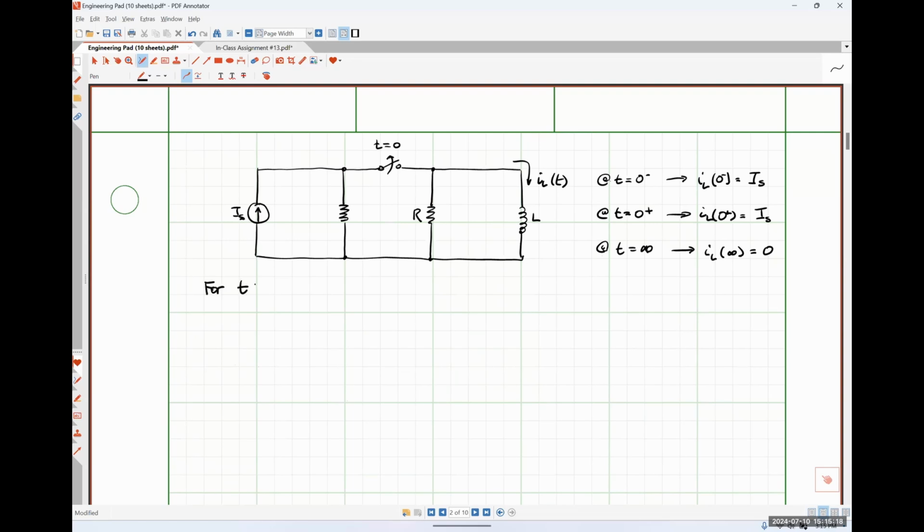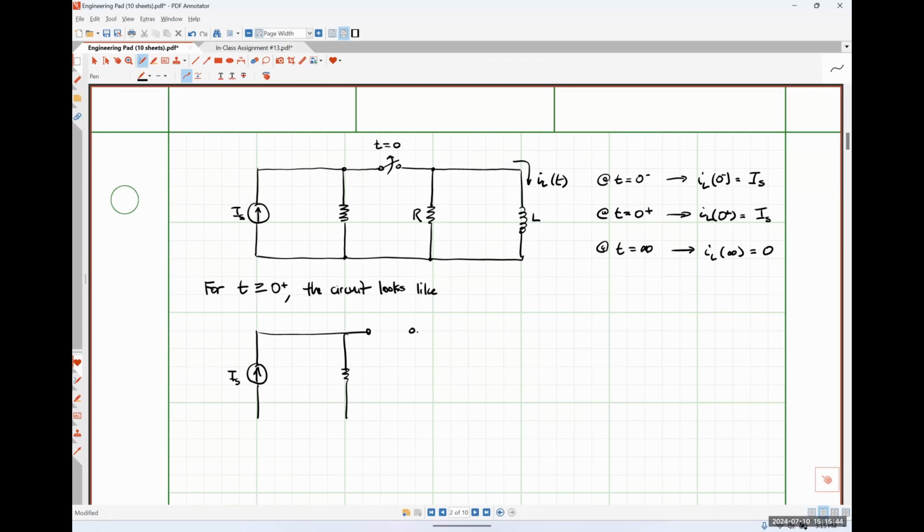So for t greater than or equal to 0 plus, our circuit will look like this. So we've got our current source connected in parallel to that unknown resistor.